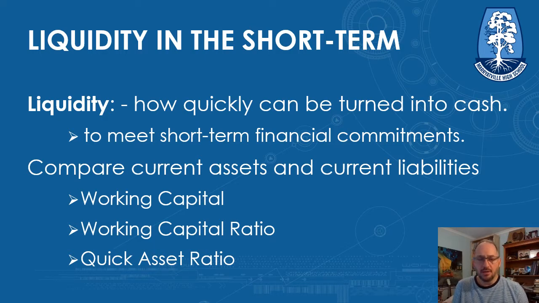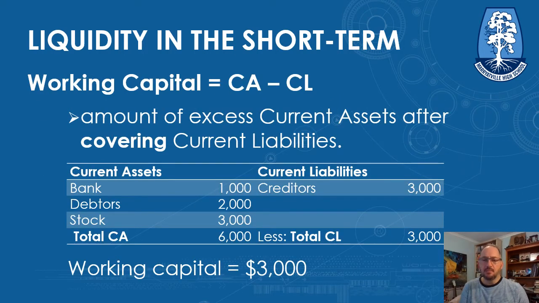We're going to look at two ratios and working capital. Working capital is simply your current assets minus your current liabilities. So your working capital is the cash you have left after you deduct all your current liabilities from your current assets. For example, we've got our current assets: bank, debtors and stock.